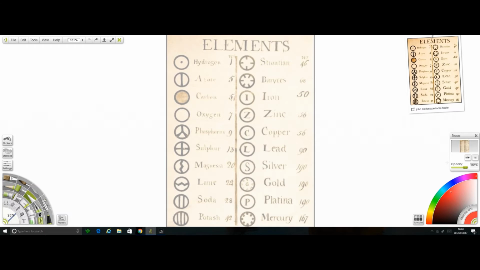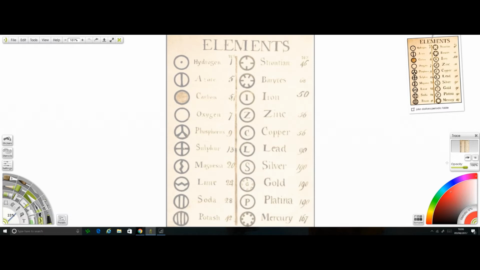Okay, so here is John Dalton's periodic table, and as you can see, he's got hydrogen and then another element which was probably a different name for the element at the time. He's got carbon, oxygen, phosphorus, sulfur, and all of these, and as you can see, the smallest number is hydrogen, and then it increases in its weight number.